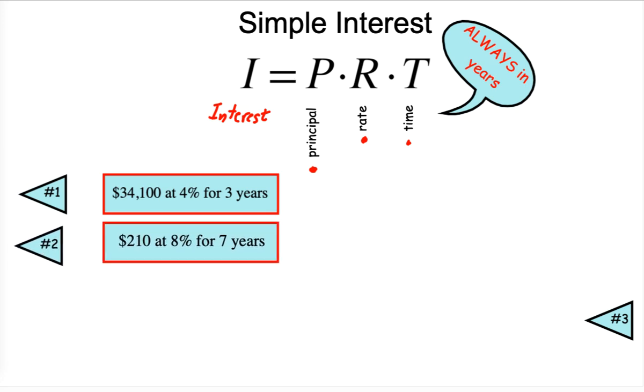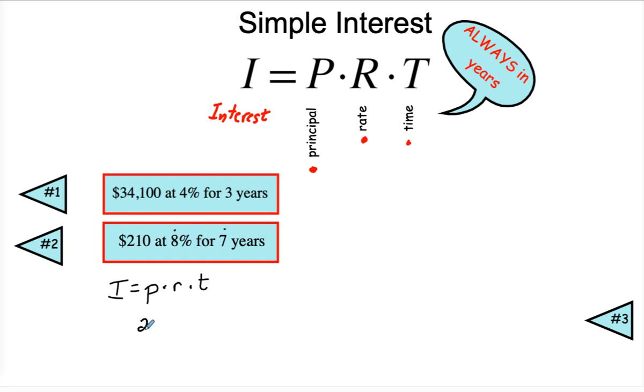Number two is a little different. You've only borrowed $210, but somebody's giving you a pretty high interest rate, 8%, and they're giving you 7 years to pay back $210. At 8%, let me tell you, this is not a deal I would take. So once again, we're going to use our formula. Interest is found by taking the principal, multiplying it by the rate, and multiplying it by how many years you're going to have it.